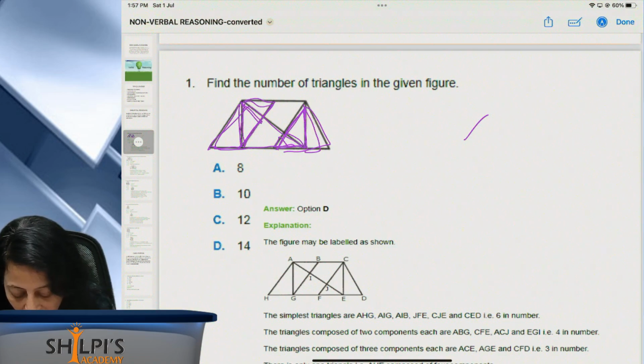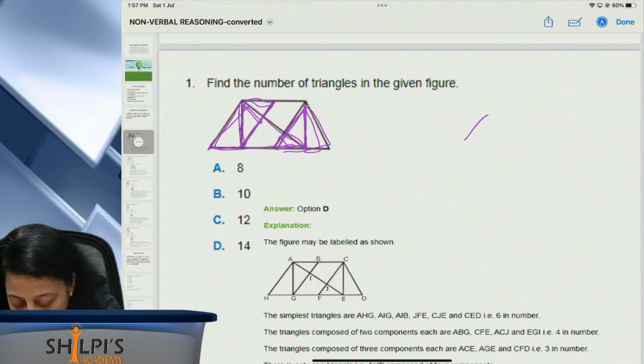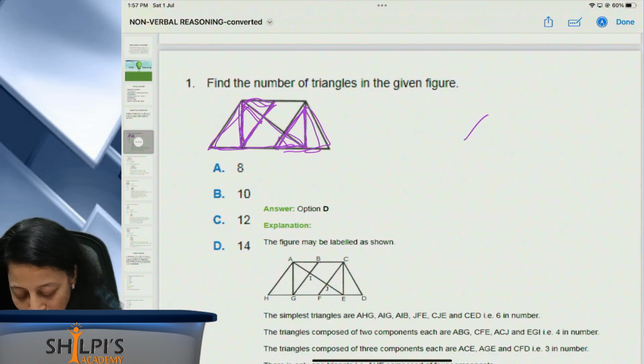Probably I would have missed something. This is a problem with these diagrams. I think you have to use different colors, right? For you to get it perfectly, you have a lot of options to miss it.